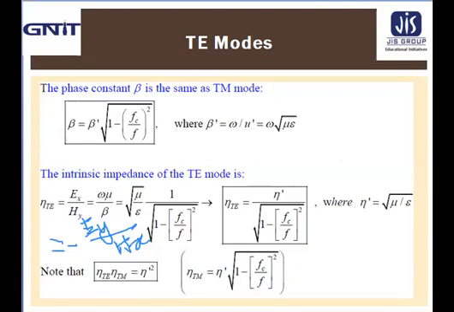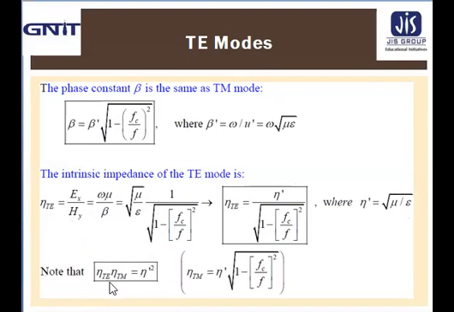Also, you can write that eta TE equal to omega mu by beta, equal to root over mu by epsilon into 1 by root over 1 minus fc by f whole square, and that eta TE equal to eta prime by this, where eta prime equal to root over mu by epsilon.